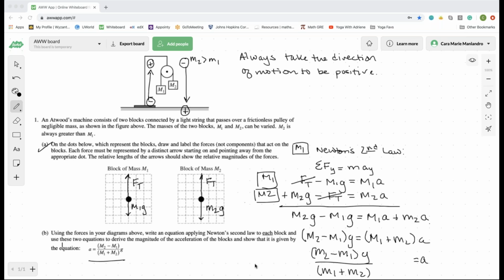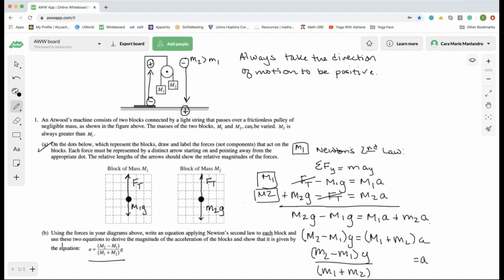That's a good question. If you don't know the direction of motion, then you can guess. And the worst thing that happens is that you get the negative of the answer, right? If I had guessed incorrectly, then I would have gotten M1 minus M2, and I would have compared to the answer and said, oh, I got the direction of motion wrong.